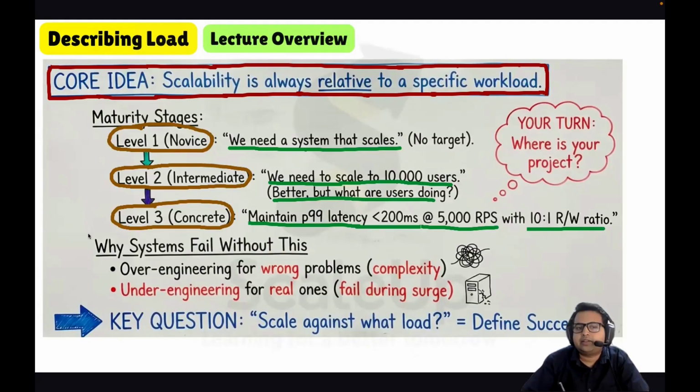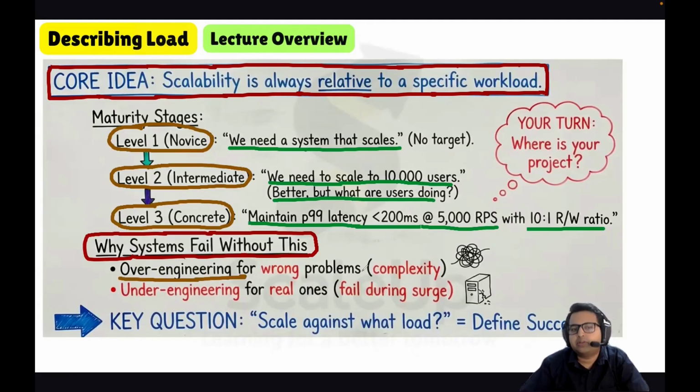Let us see why systems fail without this. If you don't measure scalability, what will happen? You may end up over engineering for the wrong problems, because without measuring scalability, we will never get to know the right resources we need.